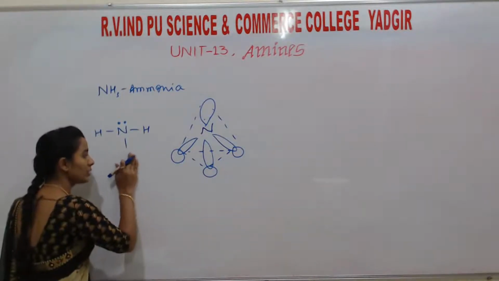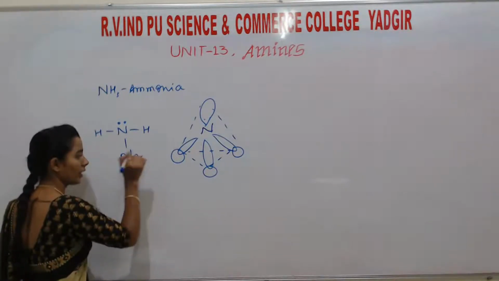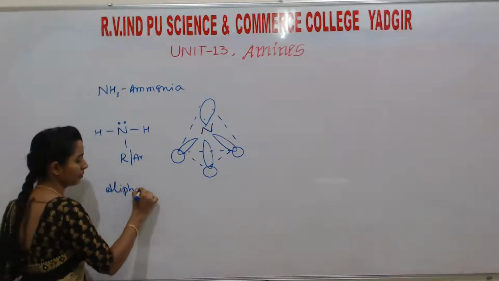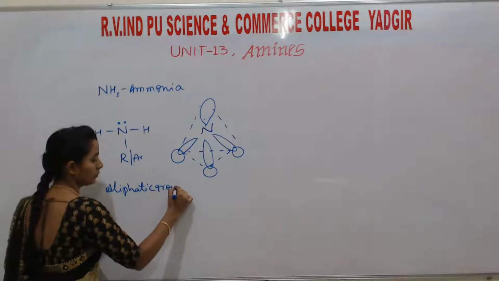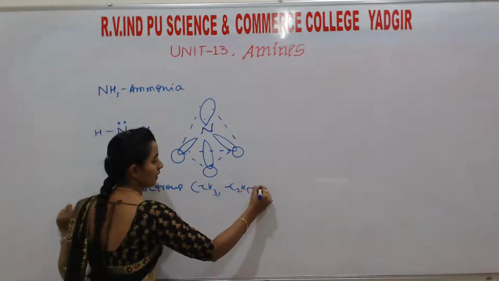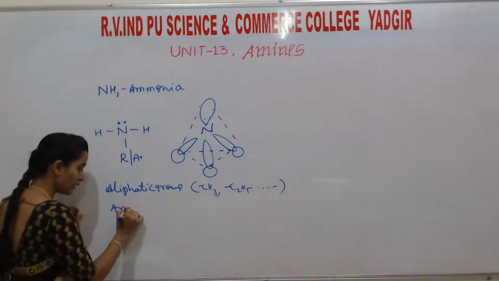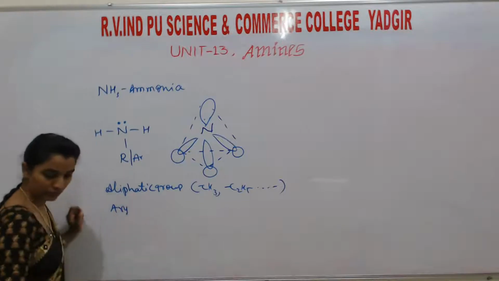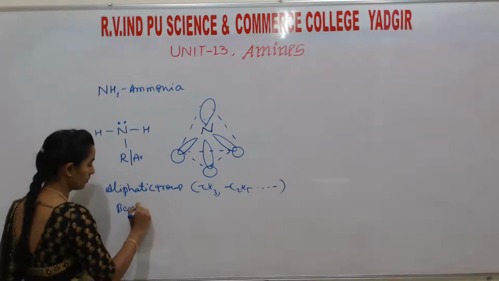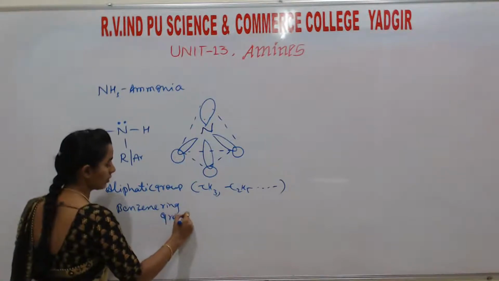If one hydrogen is replaced by any alkyl or aryl group, alkyl means aliphatic group, that may be CH3, C2H5, etc. Aryl means benzene ring groups.